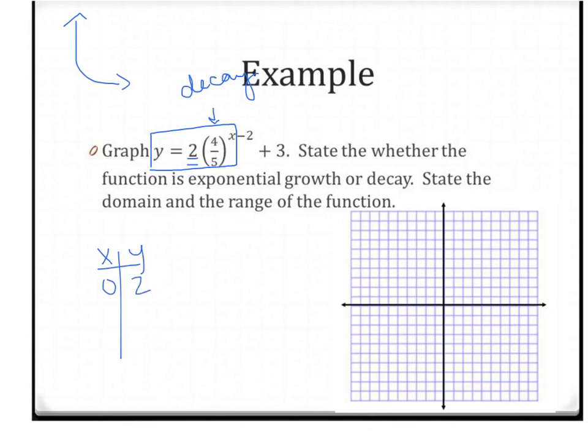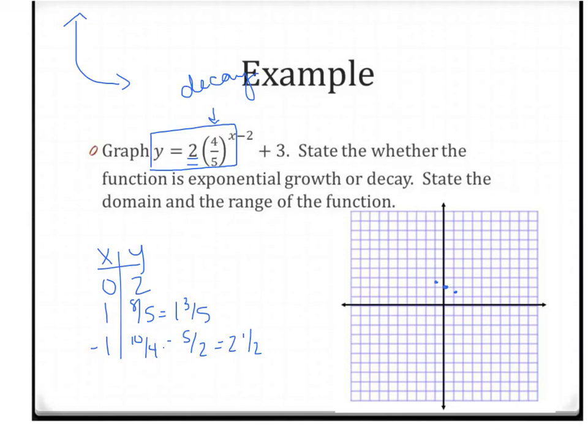So at 0, we're at 2. And if I put in 1, we are at 8/5, which is 1 3/5. So we'll go over to 1 3/5. And if we put in -1, I believe we have 10/4, which would be 5/2, 2.5.